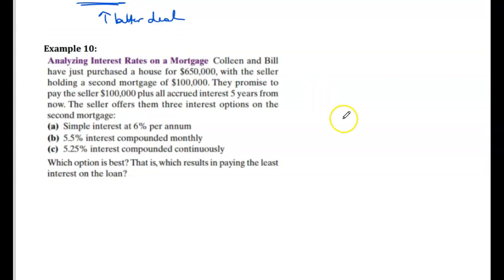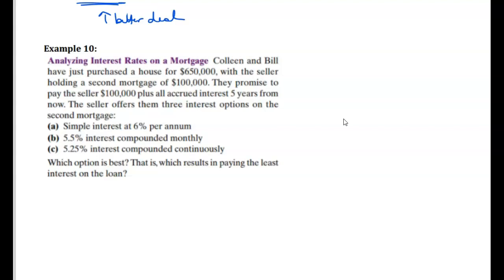All right, let's look at example 10. Analyzing interest rates on a mortgage. Colleen and Bill have just purchased a house for $650,000 with the seller holding a second mortgage of $100,000. They promise to pay the seller $100,000 plus all accrued interest 5 years from now.